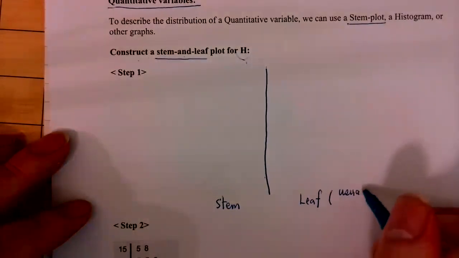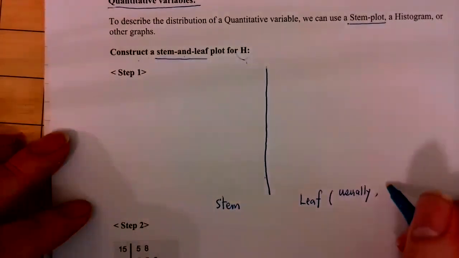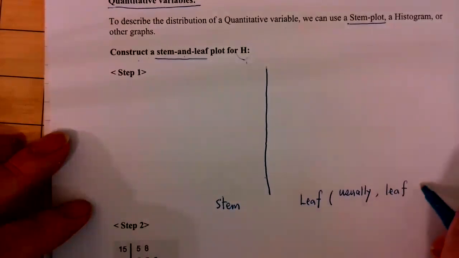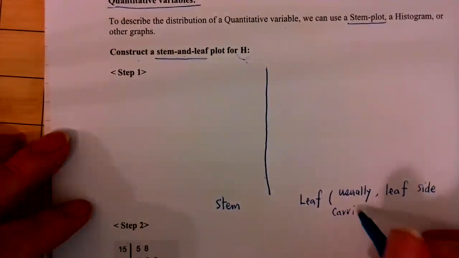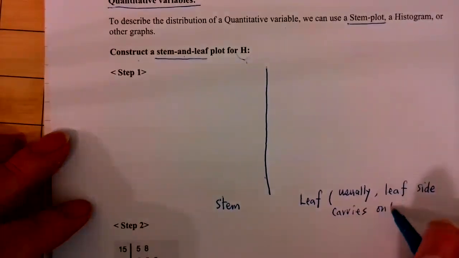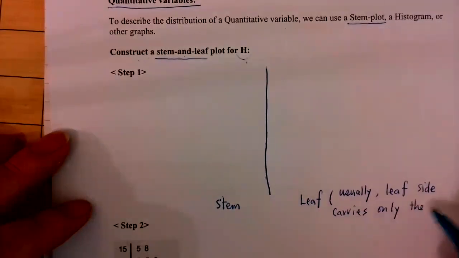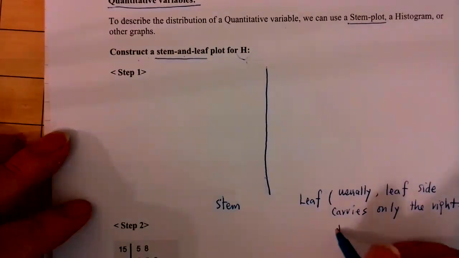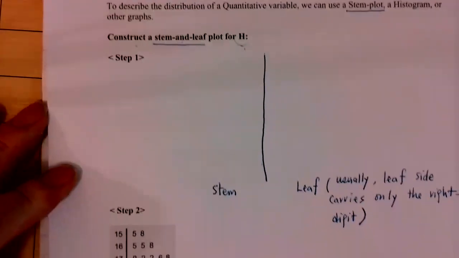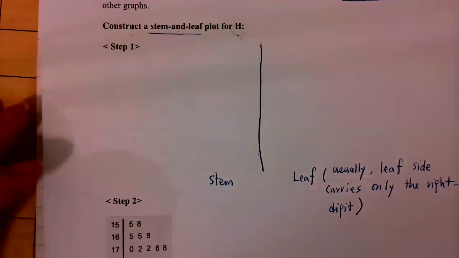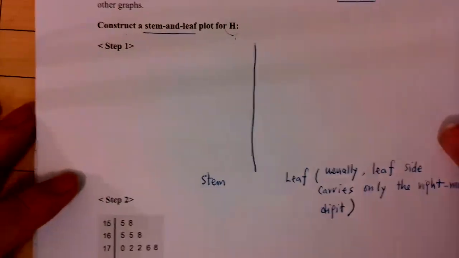Usually, the leaf side carries only the rightmost digit, okay? Usually, the leaf side only carries the rightmost digit.